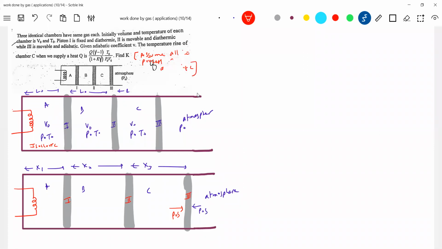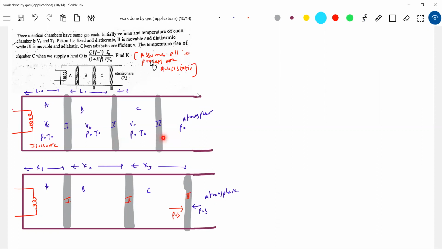He has to say this, otherwise what would happen? All the processes are quasi-static, which means they take place very slowly. This piston will not accelerate, it will move slowly. This will also move slowly.